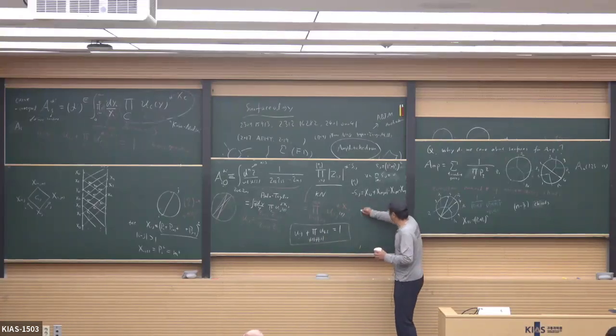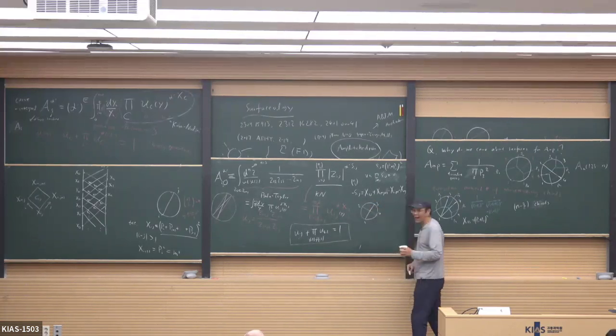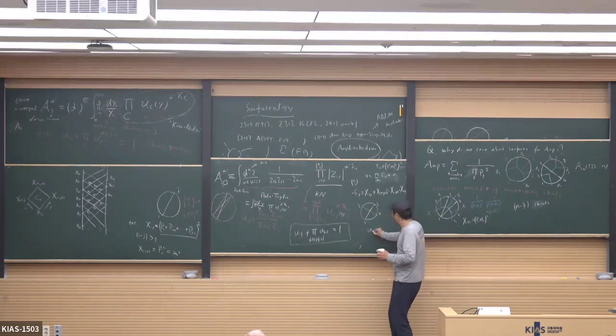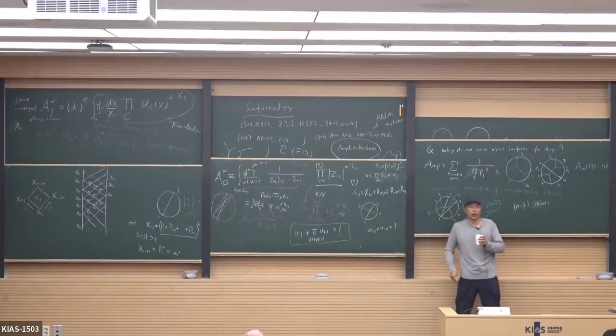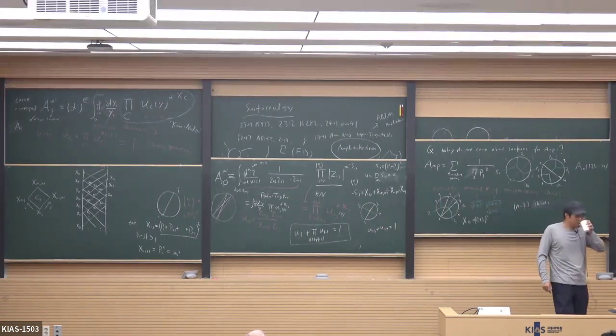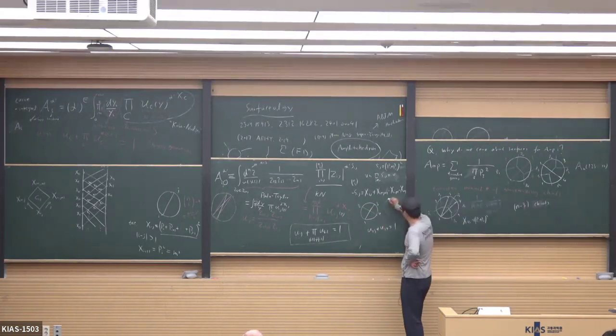So let's look at some examples. 4 point is really trivial. I have u_13 plus u_24 equals 1. That's the 4-point u equation. And for 5 point, it's slightly more interesting.